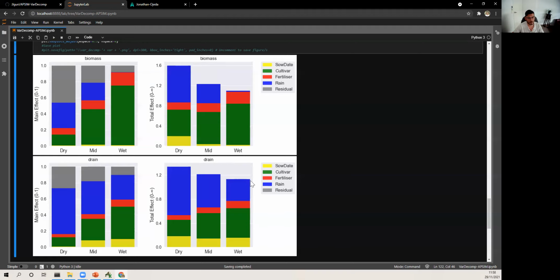So the only difference is that the rain interacts again under the wet environments for drain, because we are changing the model output. So these kinds of figures are quite interesting to analyze when we want to assess more than one model output at the same time and see how the factors contribute differently when we change the model output.